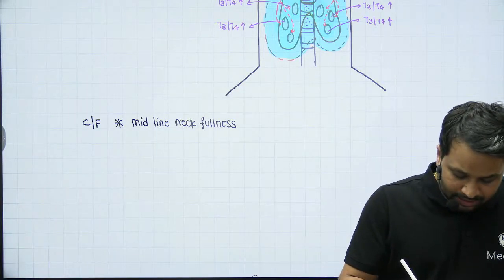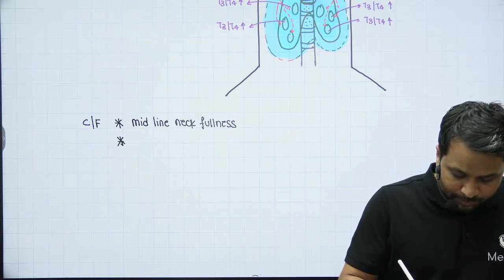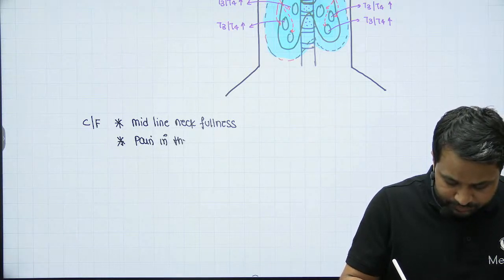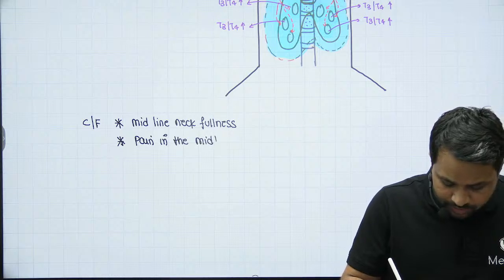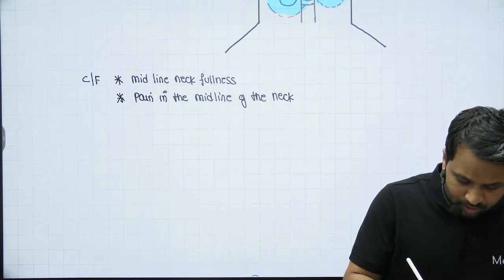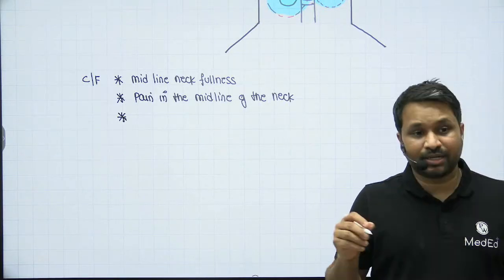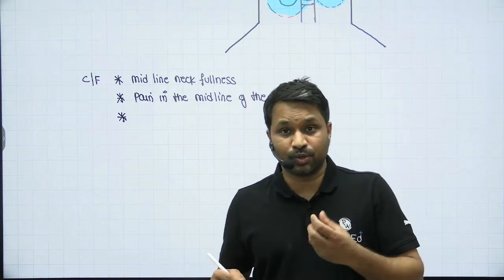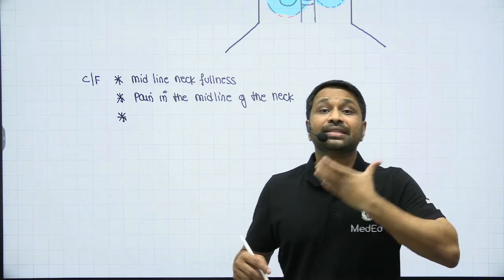Along with midline neck fullness, the patient will complain about pain in the midline of the neck. Now, one of the most important pickup points that you would see in these patients is that every time the patient swallows, when eating or drinking, the gland is going to move upwards.